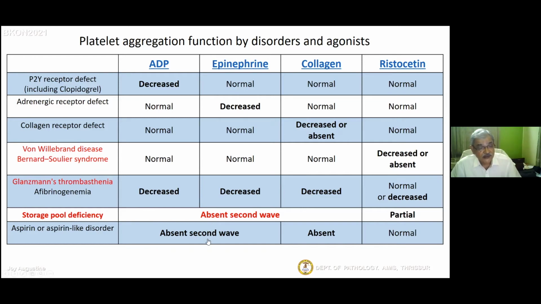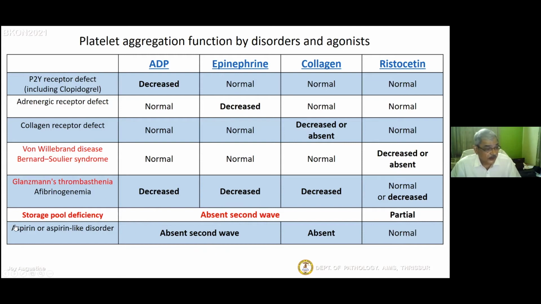However, the second wave is absent, because the first wave is due to the initial interaction and exposure to the agonists, while the secondary is due to the secretion of the platelets itself. And when they are absent, the second wave of aggregation is absent. So this is the point that you should remember.